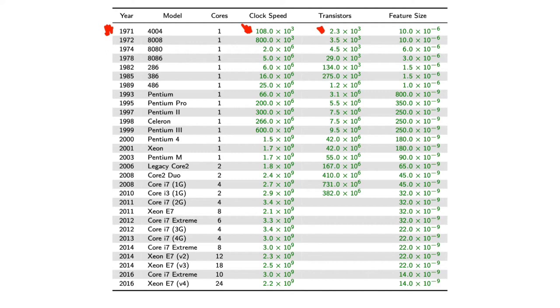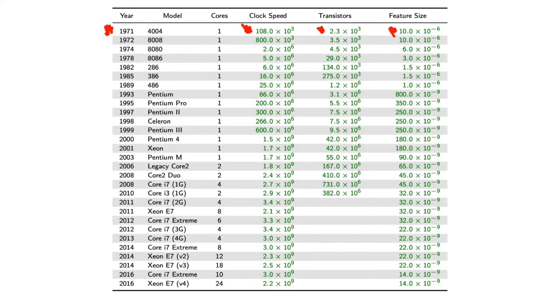And then the final column here, the feature size, is a measure of how small the transistors are. So 10 times 10 to the minus 6 meters, it's 10 microns. That would be the basic feature size, the smallest component that the manufacturer at that point was able to etch onto the chip's surface. So that's where we started back in 1971.